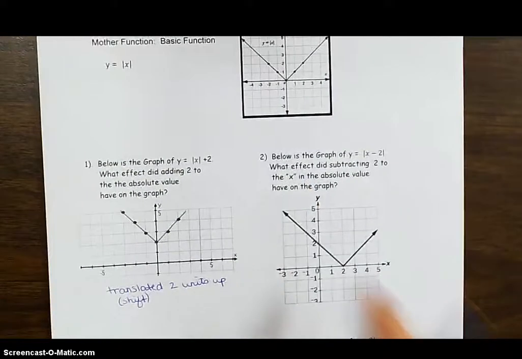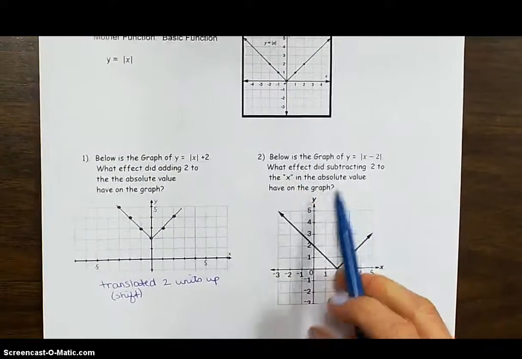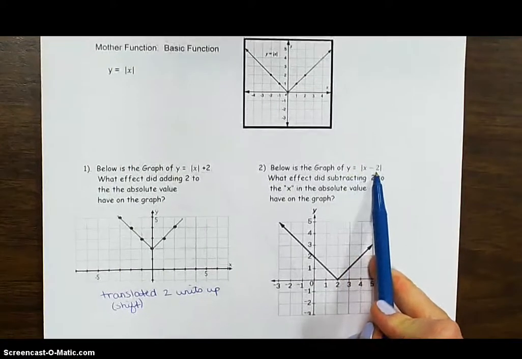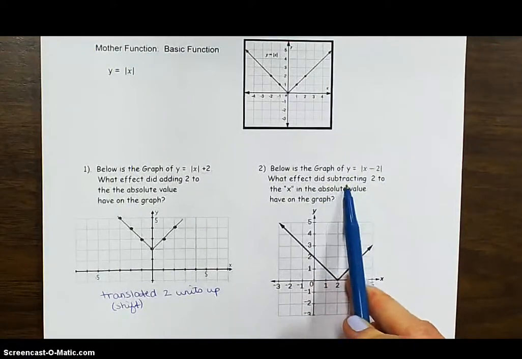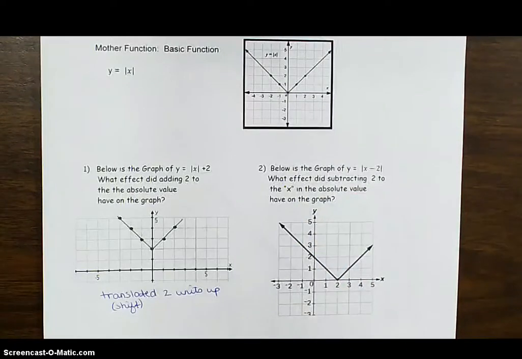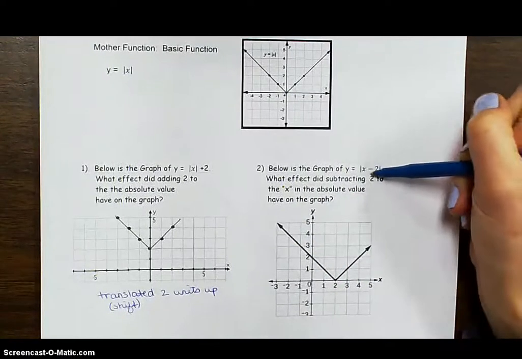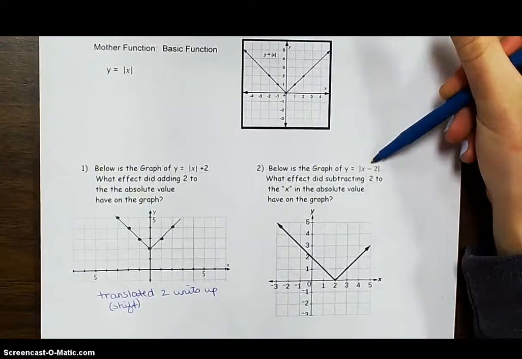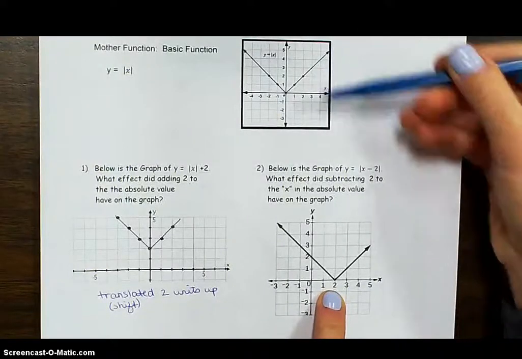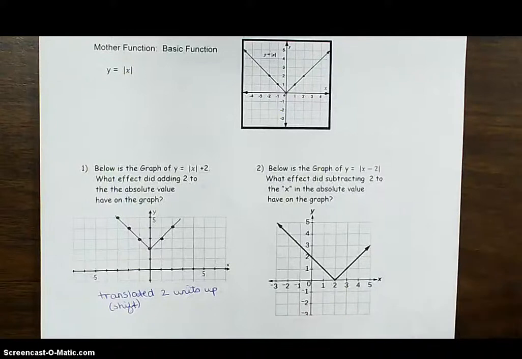All right, so let's take a look now at the second one. Below is the graph y equals absolute value of x minus 2. What effect did subtracting 2 to the x inside of the absolute value have on the graph? So here we subtracted 2, but it was inside of the absolute value. So look what happens from your mother function to your new function. So what happened?